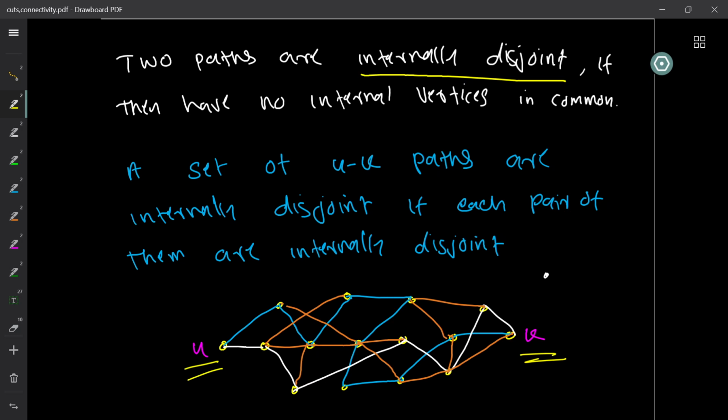But if you take some other path, for example, let's say that I go from U to this vertex and take this.